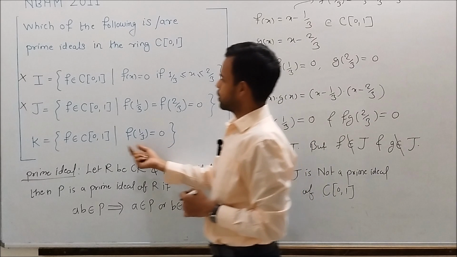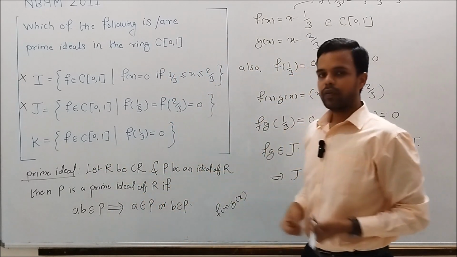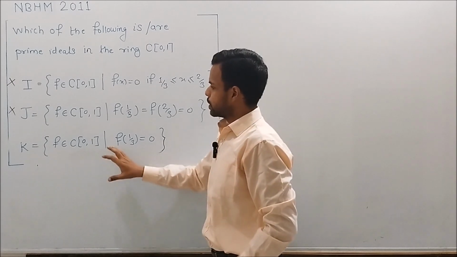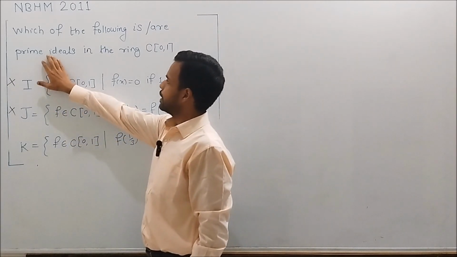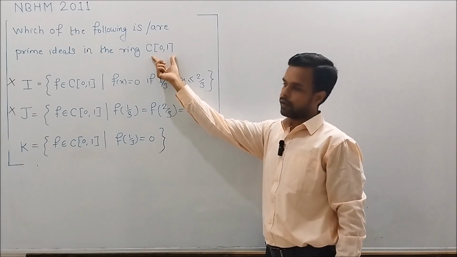So the only ideal which remains is K, and yes, it is a prime ideal. So let's prove it. Now let's prove that the ideal K is a prime ideal of the ring of continuous functions over the closed interval [0,1].